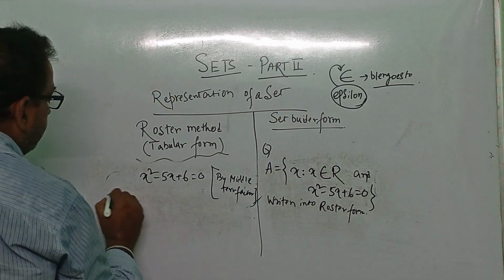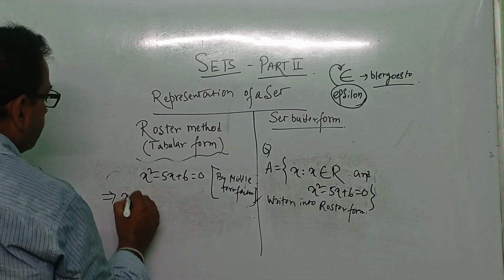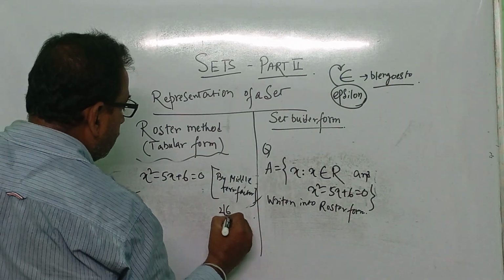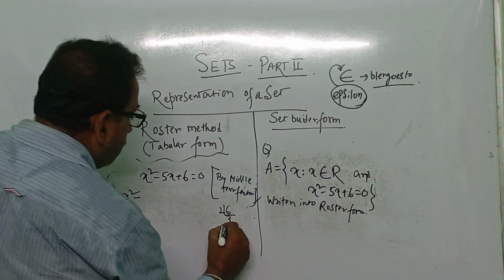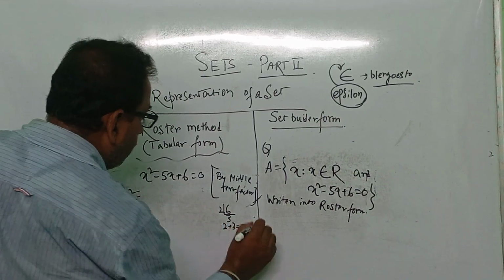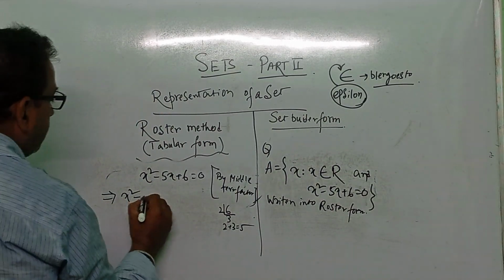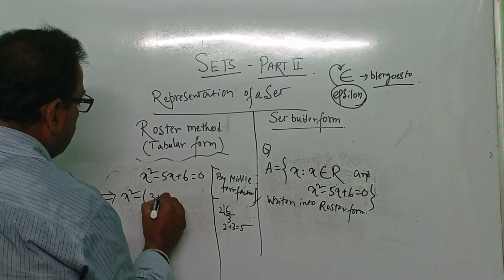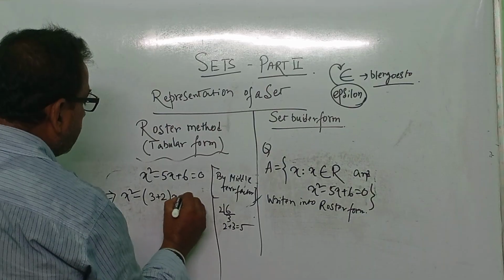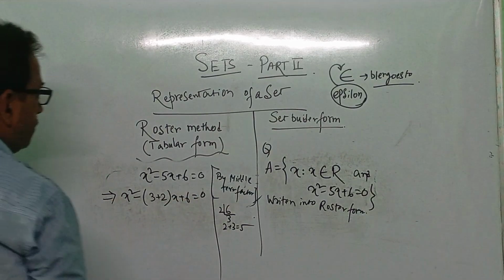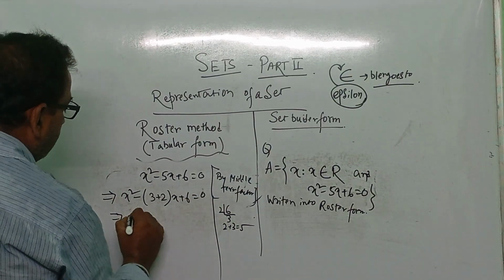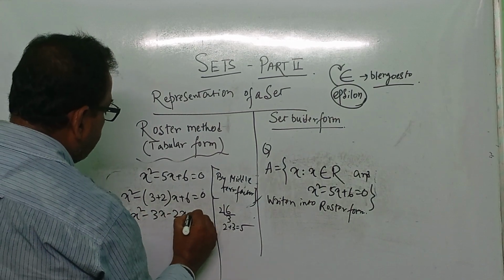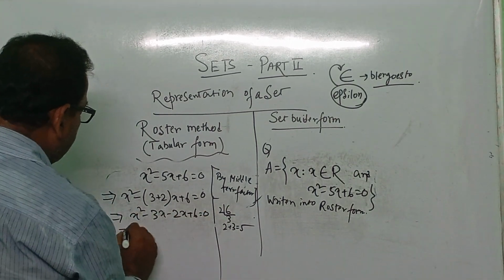Now what do we write? x squared minus 5x plus 6. 2 times 3 is 6, 2 plus 3 is 5. So x squared minus 3x minus 2x plus 6 is equal to 0.